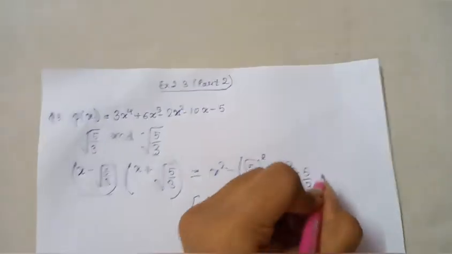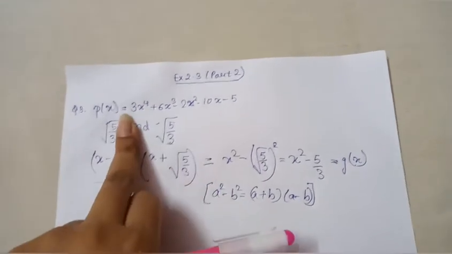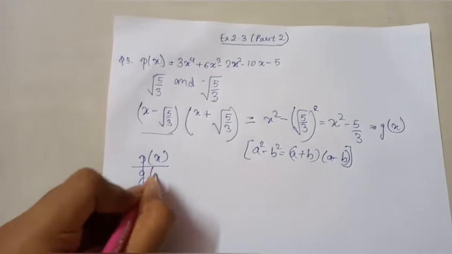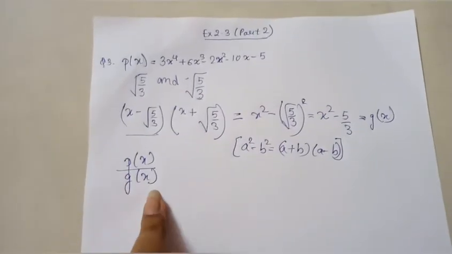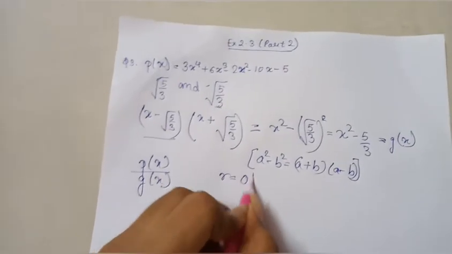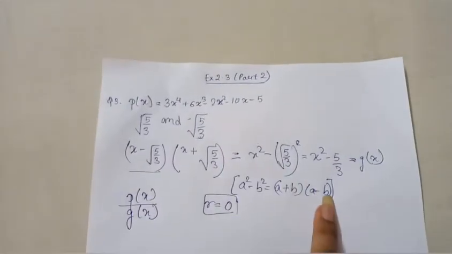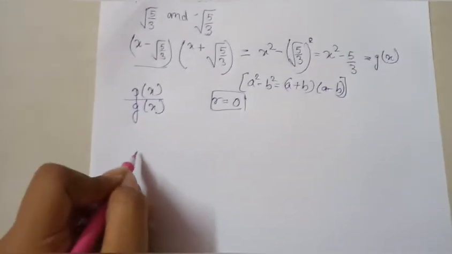We will name this as g(x), and as you know, p(x) divided by g(x) will help to find the other factors. As these are the factors, we will divide it and the remainder will be equal to 0, as we have done in the previous video. So we'll just simply divide it.